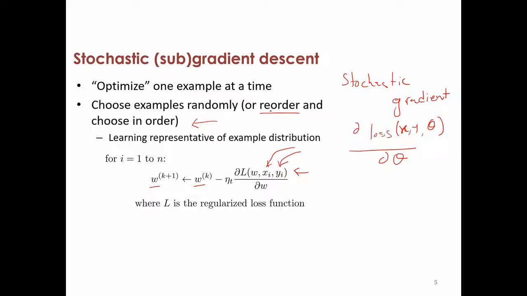Then you run your gradient descent, but instead of the gradient or subgradient over the whole data set, you calculate the gradient or the subgradient at a particular data point, at the data point in the permuted order that you have chosen.